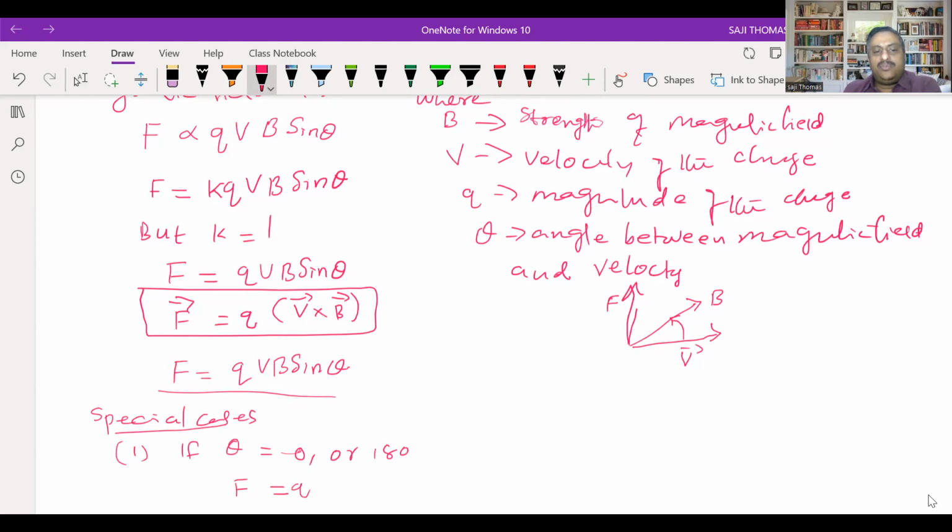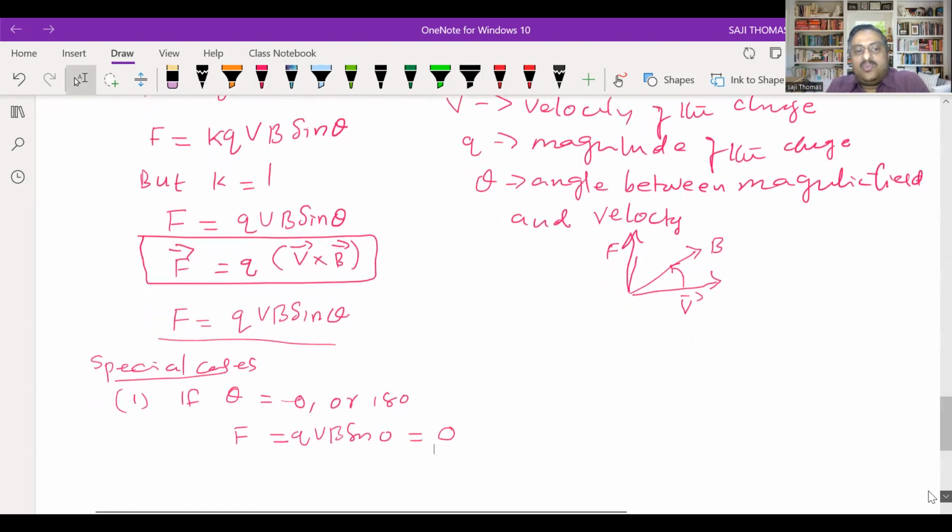Force will be QVB sine 0 or 180, which is 0. So if a charged particle moves parallel to the magnetic field, it will not experience any force. So remember, when a charged particle moves parallel or anti-parallel to the direction of the magnetic field, it will not experience any force.